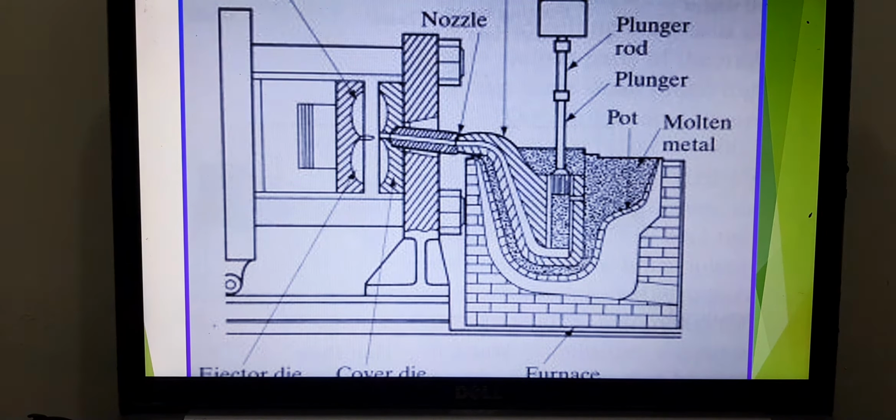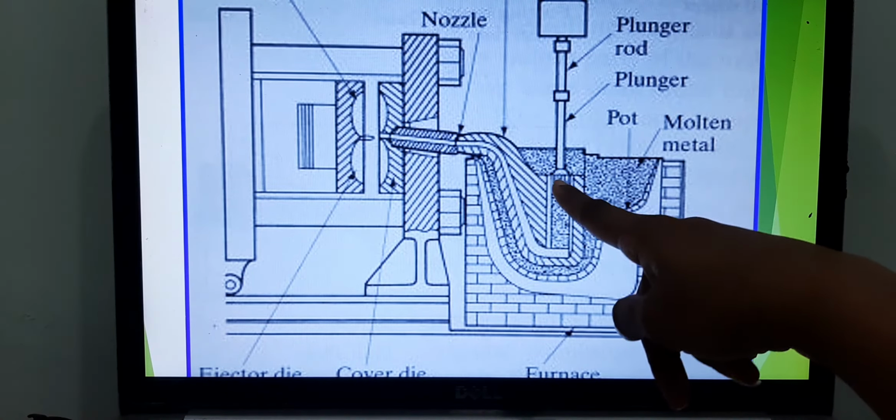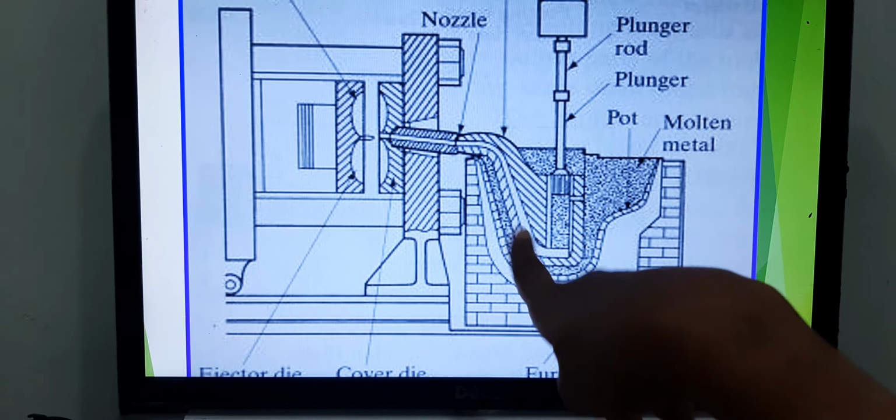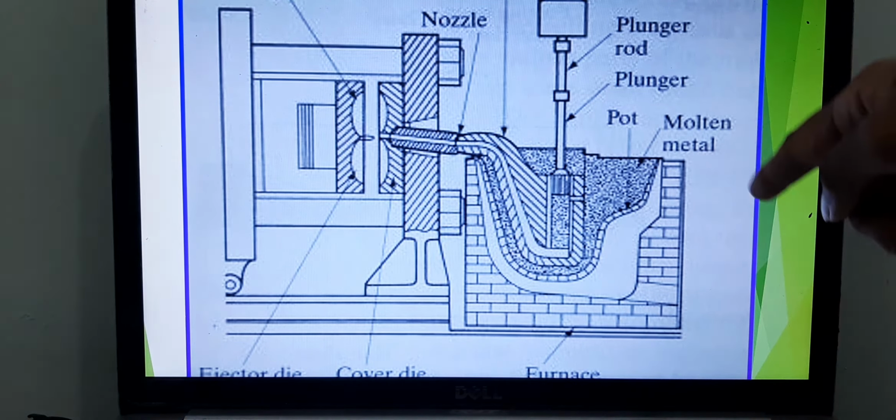So how do you push or force the molten metal into the cavity? In die casting, you're going to use an injection cylinder. This injection cylinder will always be immersed in the molten metal.